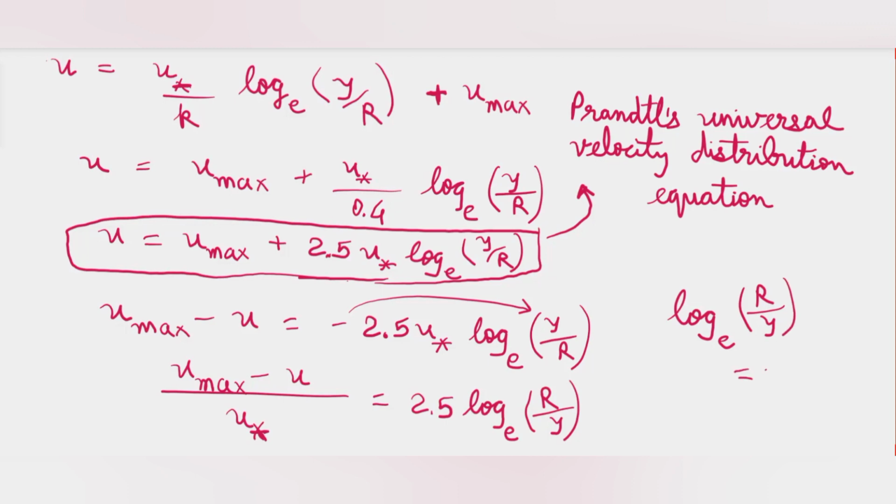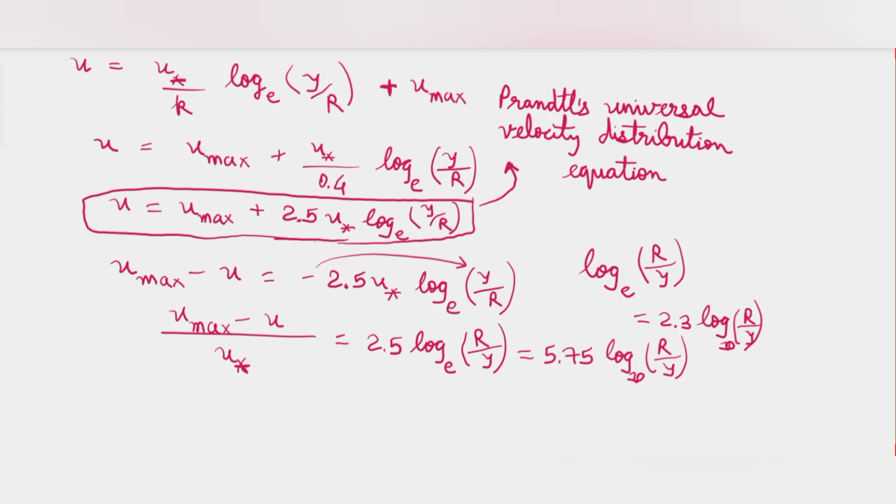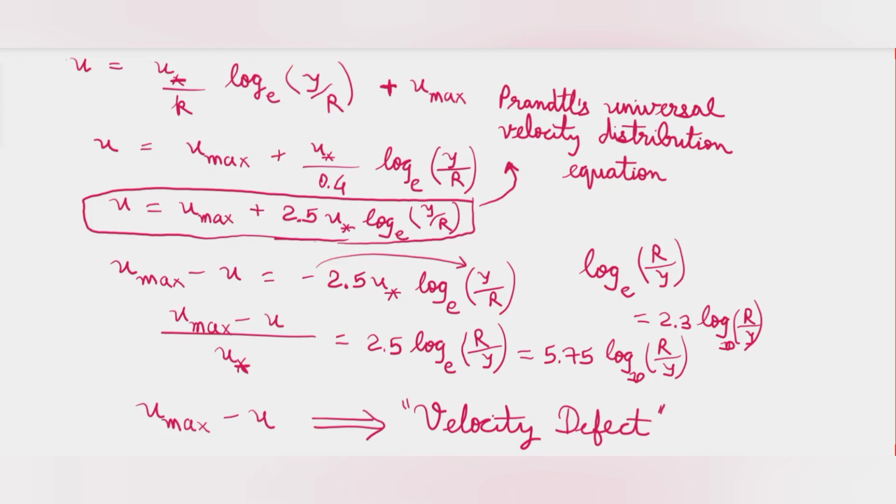So u max minus u by u star is equal to 2.5 into 2.3, which is 5.75, log r by y to the base 10. Here u max minus u is known as velocity defect, which is the difference between the maximum velocity and the local velocity.